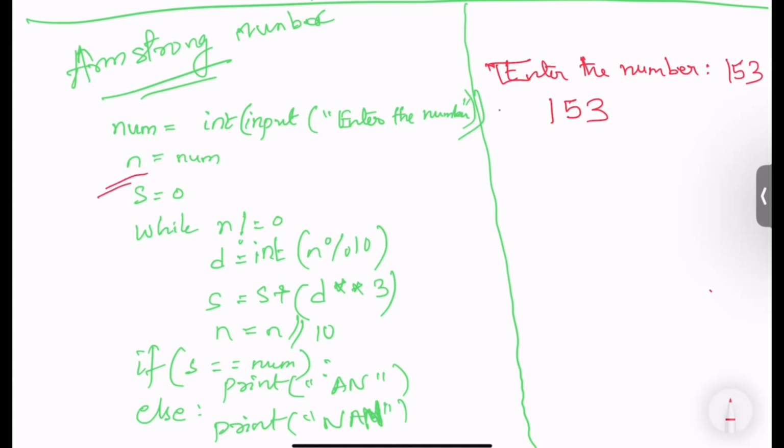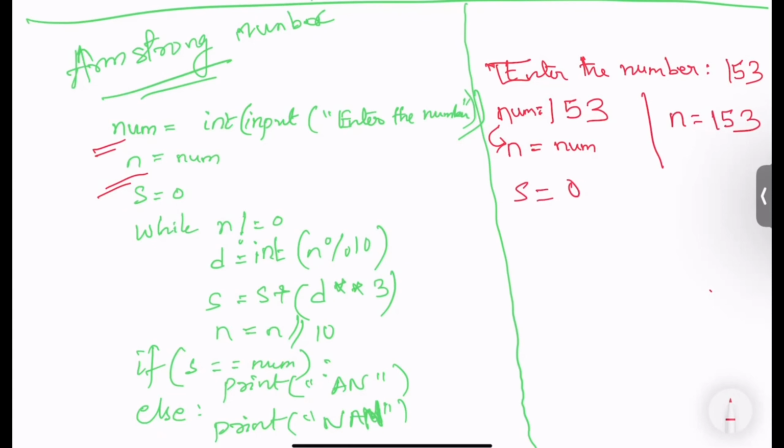This value goes in n, and I'm taking one more temporary variable, num, where I pass this value. So n is 153 and num is also 153. Now s is taken as 0, for calculation of the sum.